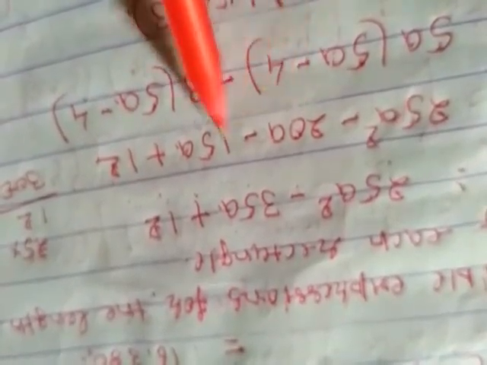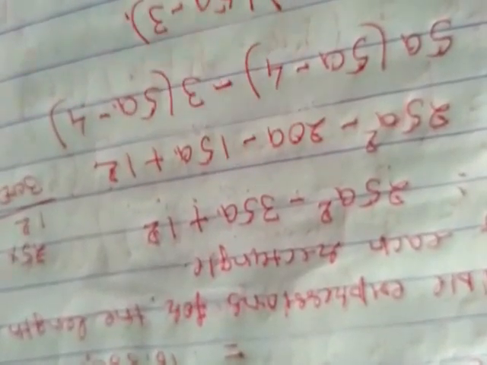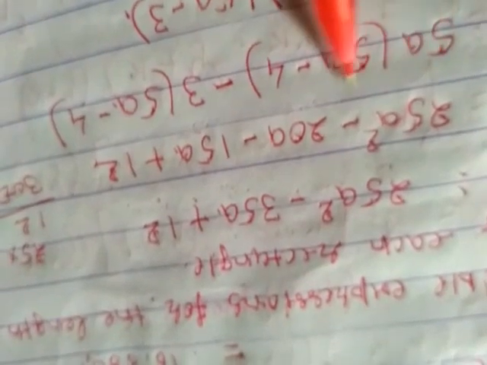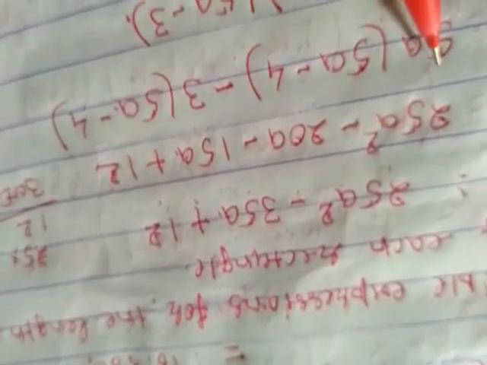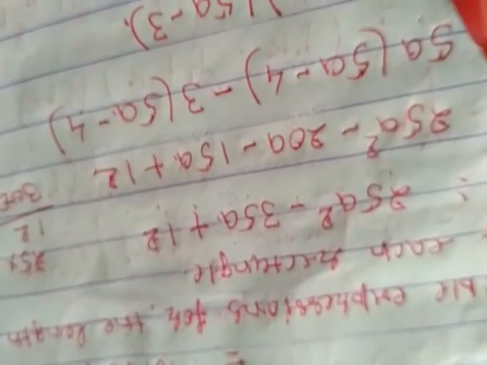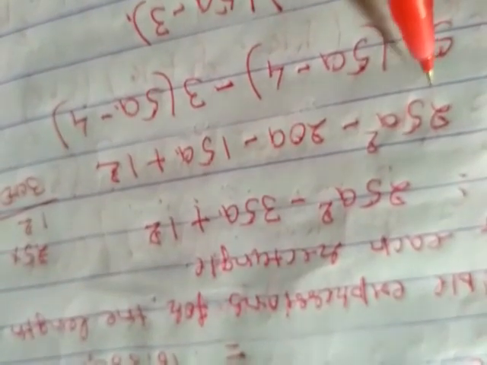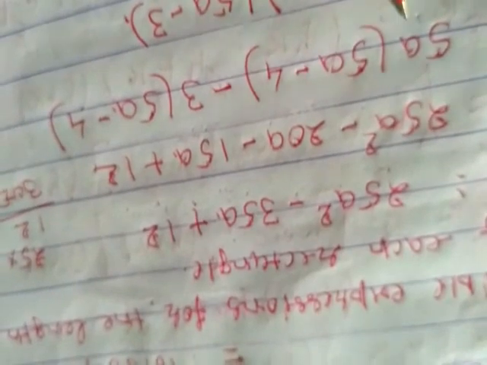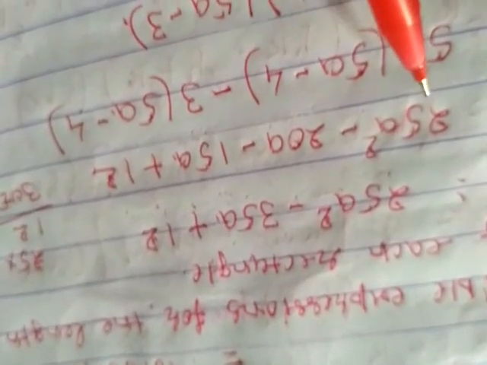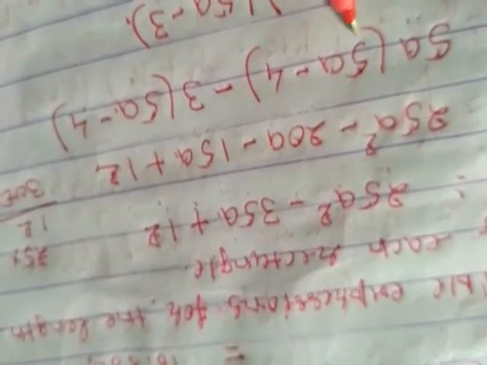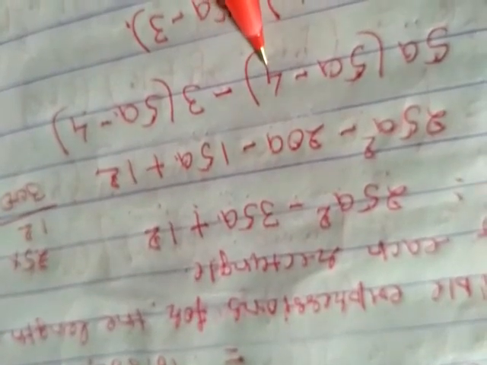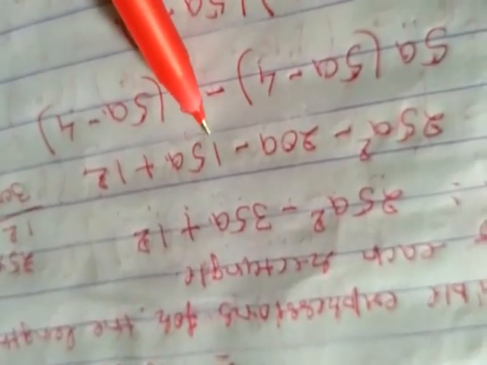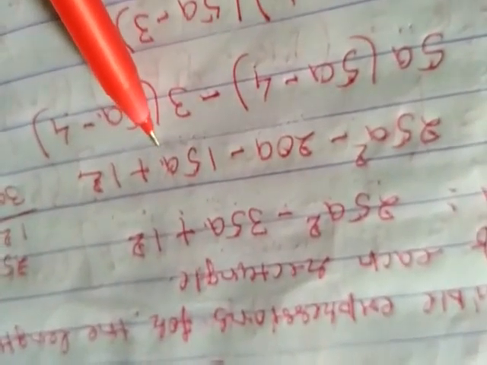Now pairing the two terms and taking out the common. The first two terms are 25a square minus 20a. 5a is taken as common, so the remaining term is 5a minus 4. From the other two terms, minus 15a plus 12, minus 3 can be taken as common.